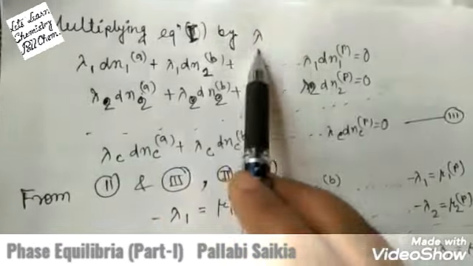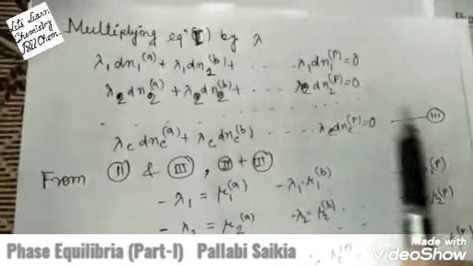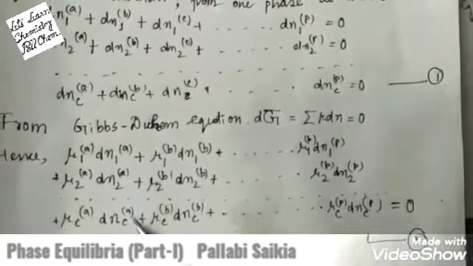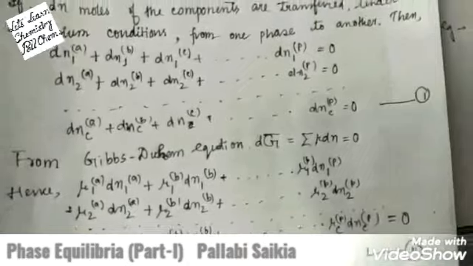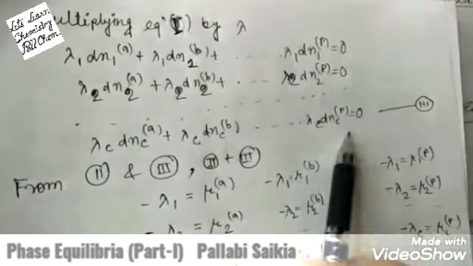This is multiplying equation 1 by lambda. This is equation number 3. And from equation number 2, what we are getting, mu1 dn1 up to mu c dnc equal to 0. So mu1 dn1 is also 0. So lambda 1 dn1 is also equal to 0.